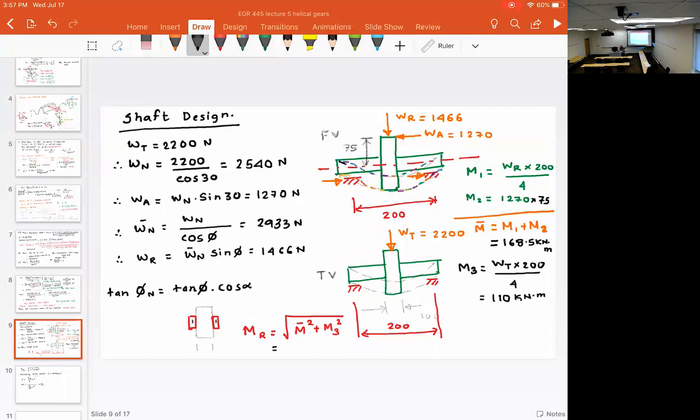Yeah, but this is in Newton millimeter though. This is in Newton. This is in millimeter.